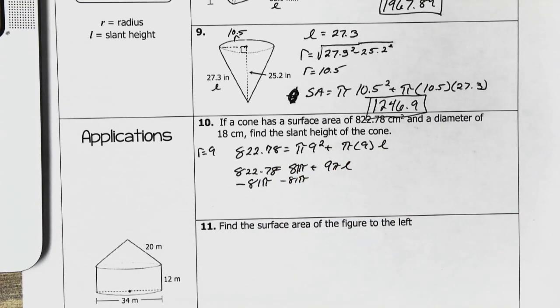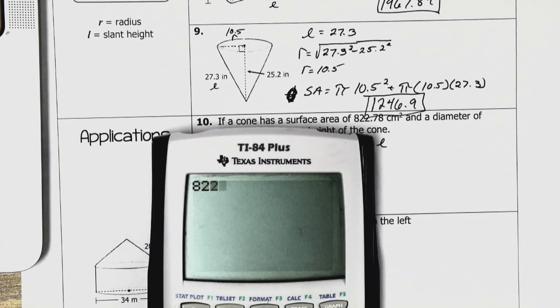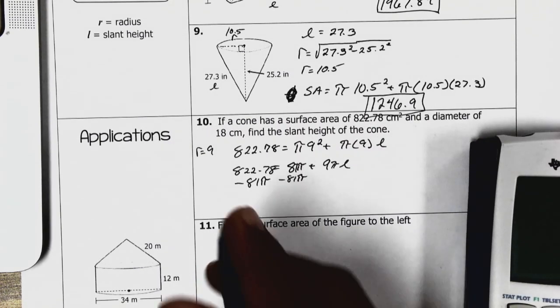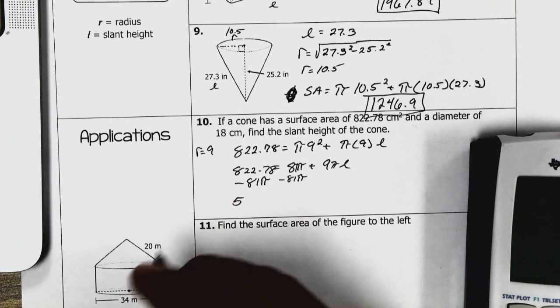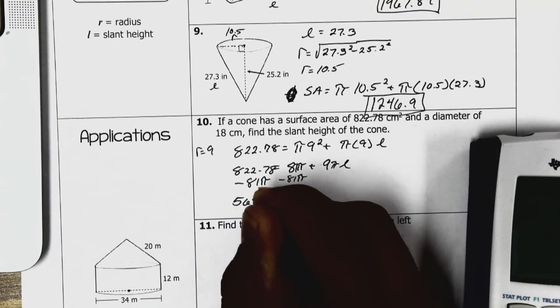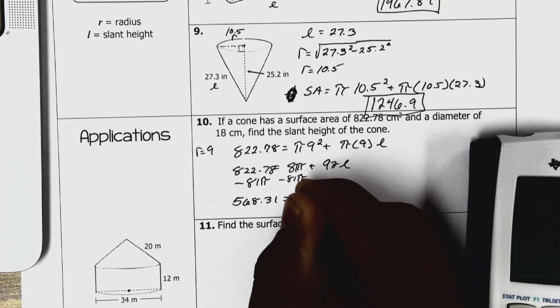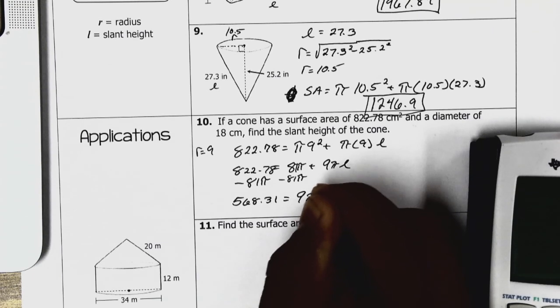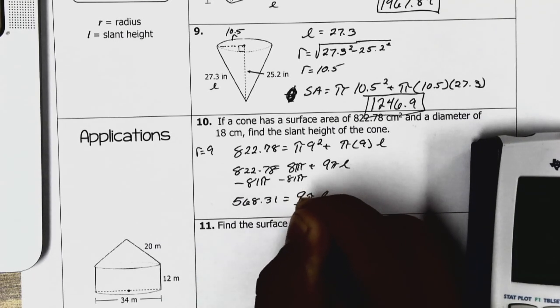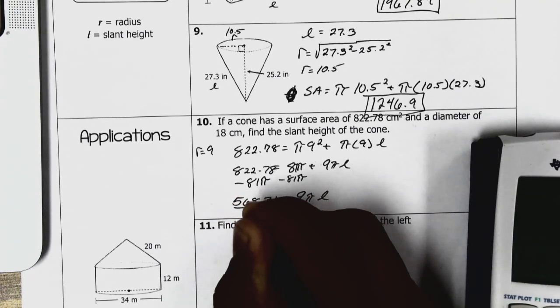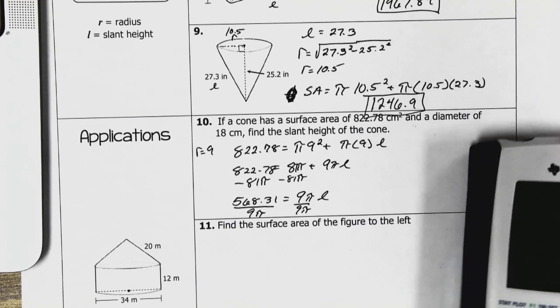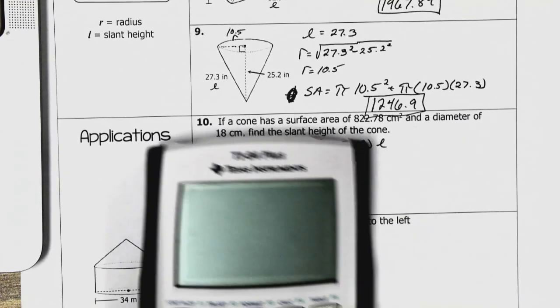Okay, so 822.78 minus 81 pi. That gives me 568.31. That's going to equal 9 pi L. So then I'm going to divide both sides by 9 pi. I made this mistake on the last video. Make sure you put that 9 pi in parentheses.